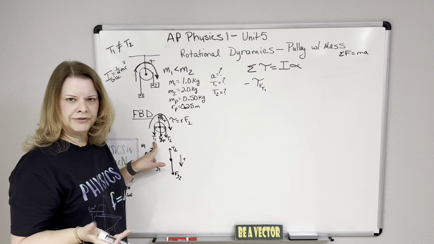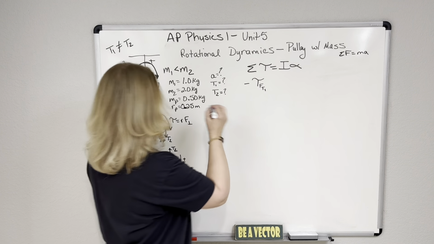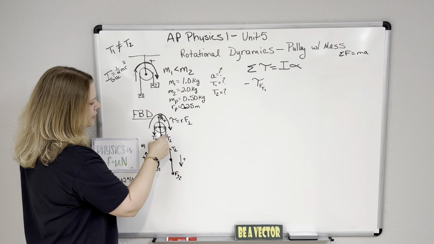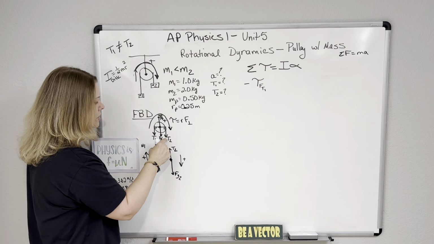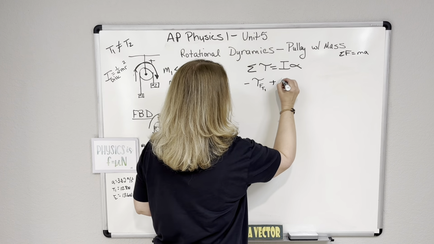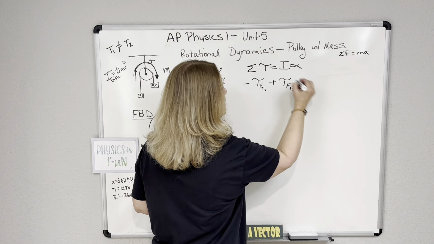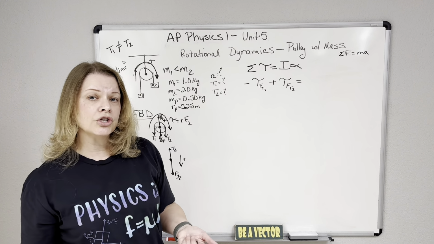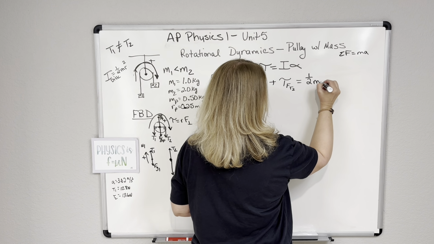I usually just use a T, but you can do a capital F with the capital T as a subscript. And then this tension 2 is pulling in the direction of acceleration, so I'm going to call that positive. So I have a positive torque for that tension 2 force. That's going to equal my moment of inertia, or rotational inertia of the pulley, which is 1/2 mr squared.